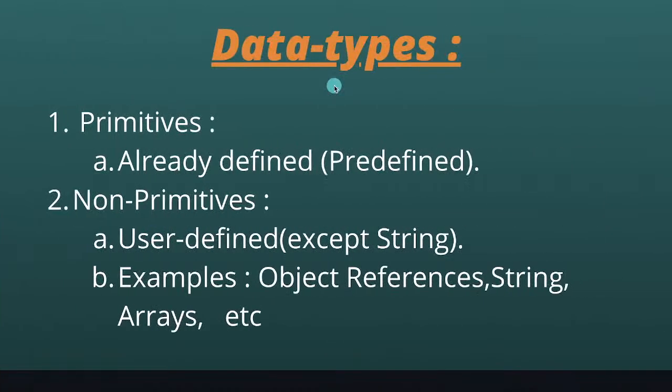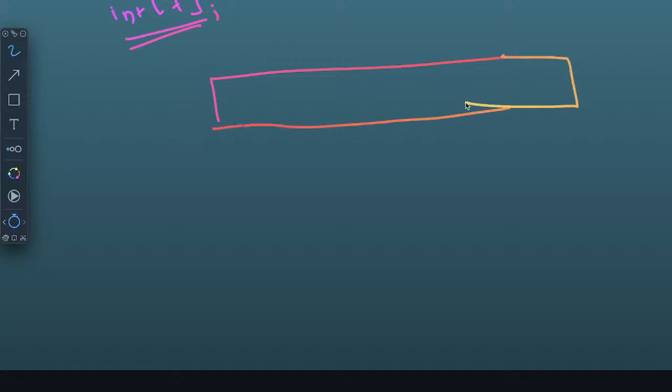Now your question may be, how can I change the 7 elements, or how can I give values to these 7 elements? Let's move to this slide and see how memory gets allocated. If I have defined an int array of size 7, what happens behind the scenes? In memory, 7 consecutive blocks are allocated: first block, second block, third block, fourth, fifth, sixth, and the seventh block.